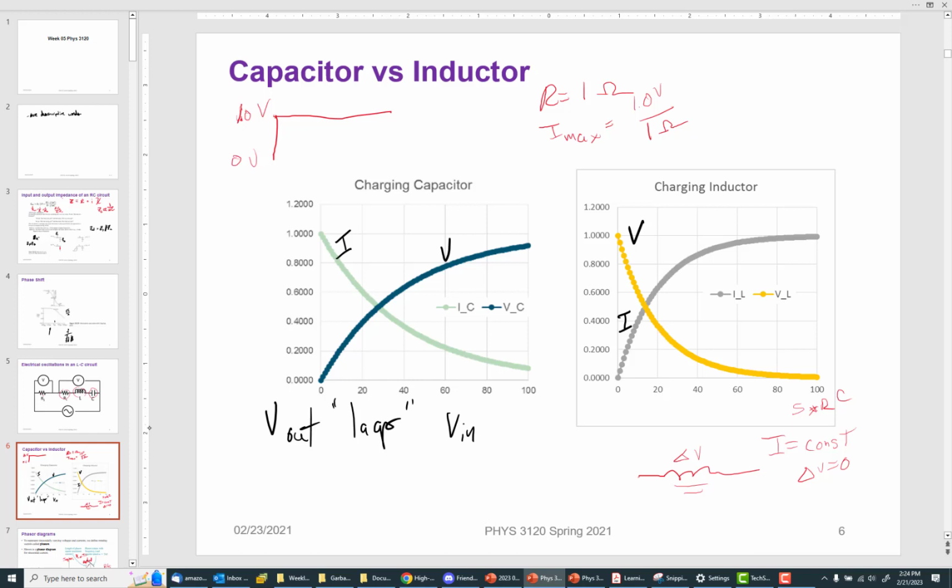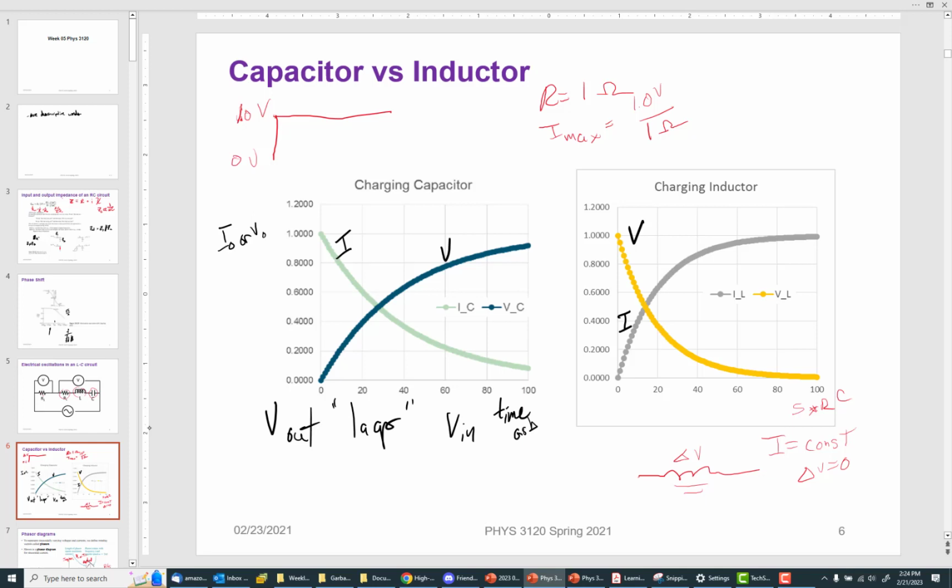Sir? What are the axes here on these? Sure. Time and either I sub 0 or V sub 0. I should have done it in time constants. In fact, if you're clever and it's arbitrary, I don't know what it is, it's just arbitrary units, I should have done it in time constants.